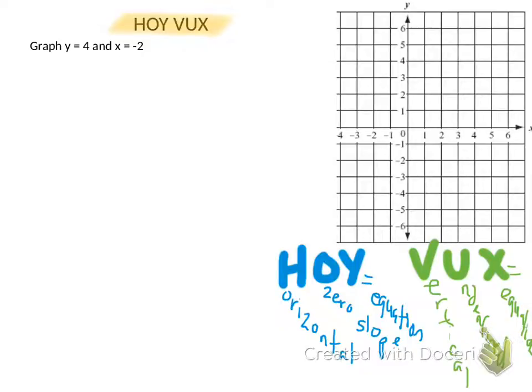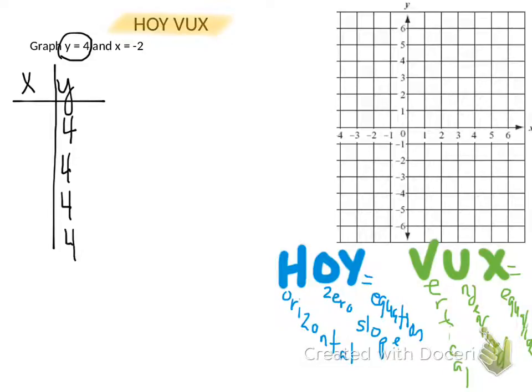So in going to graph y equals 4, let's start with that one. If I were to make a table of x and y values, the equation itself tells me that y will always equal 4. No matter what x value I choose, y is always going to be 4.